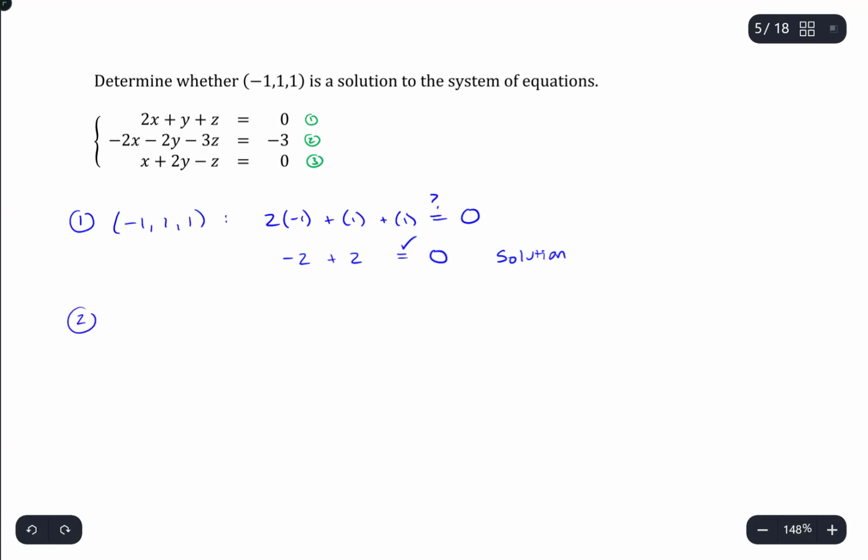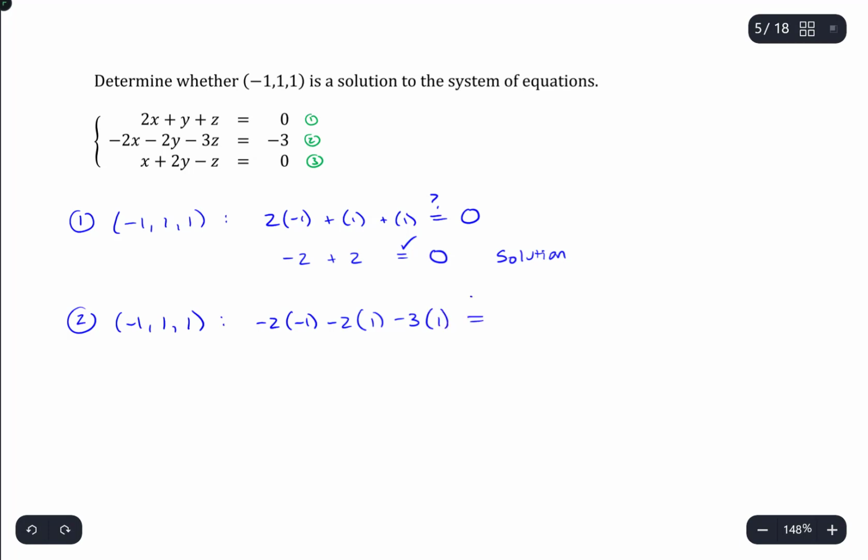And for the second equation, the point negative 1, 1, 1 would be negative 2 times the x-coordinate of negative 1, plus, oops, actually that's minus 2 times the y-coordinate, which is 1, minus 3 times the z-coordinate, which is 1.